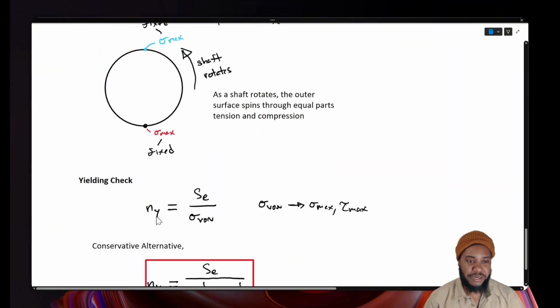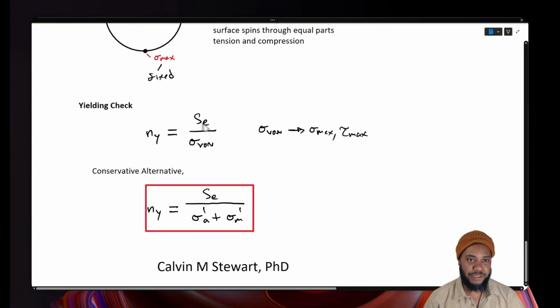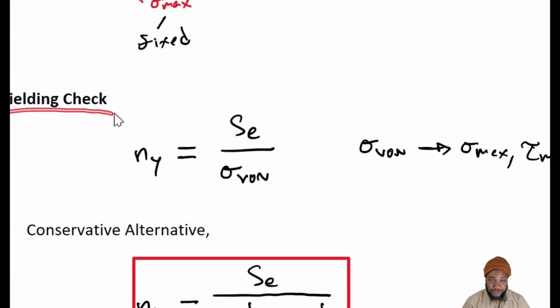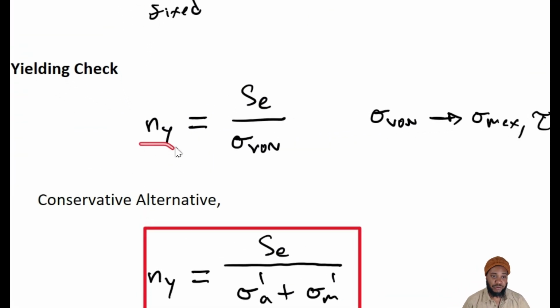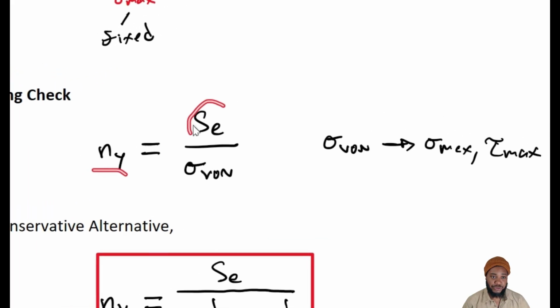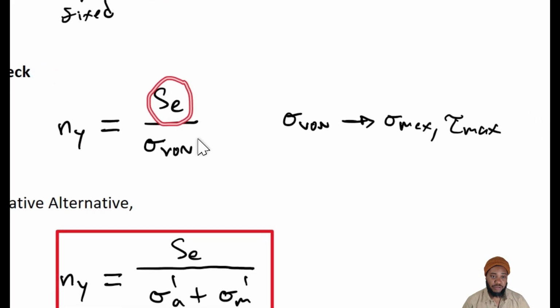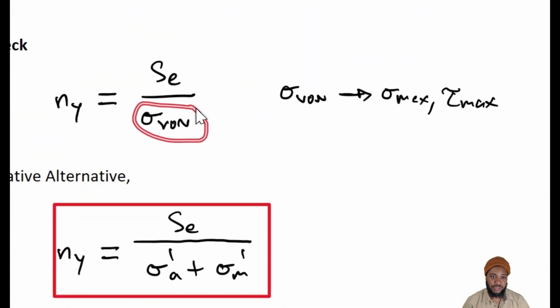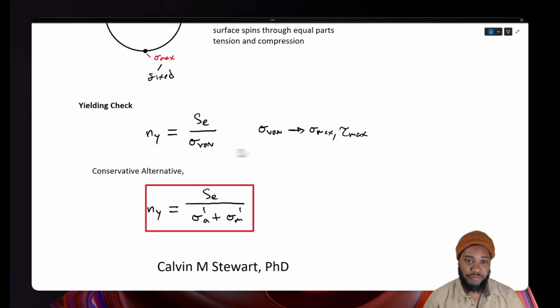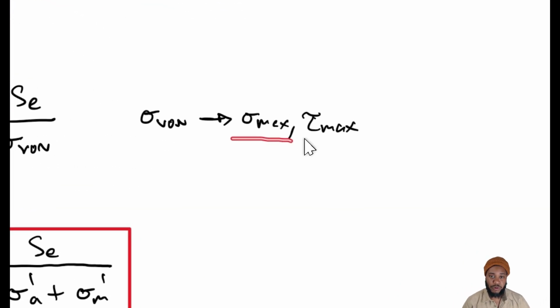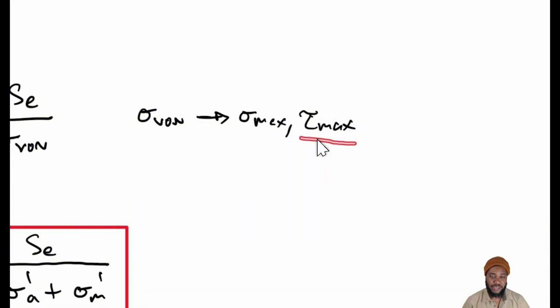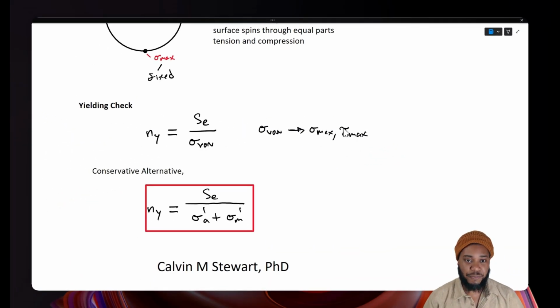And now our final aspect of this combined loading is, how do we check for yielding under this condition? Well, our yield check is going to be the safety factor of yielding is equal to the endurance limit of our material divided by the von Mises stress, where here the von Mises stress is evaluated against the maximum normal and maximum shear stress of our fatigue cycle.